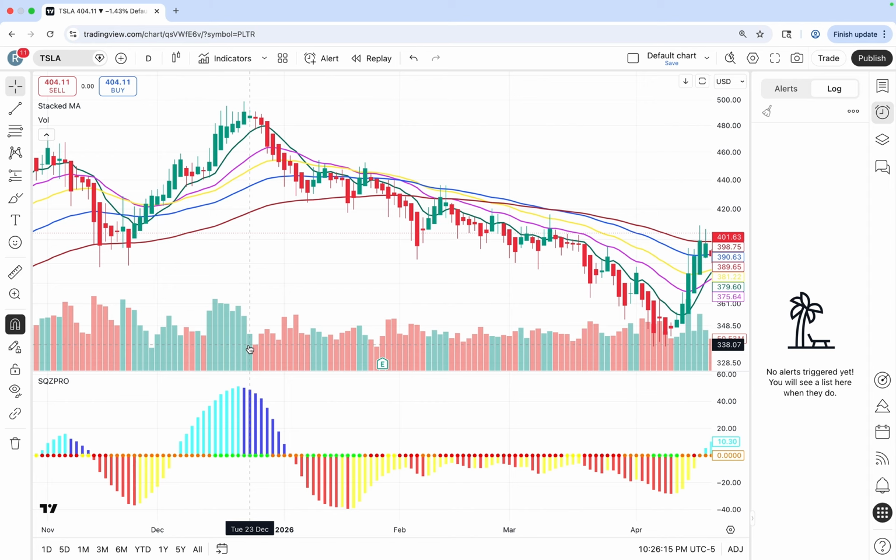And John has said before that typically by the time you see 2 dark blue bars, you should no longer be in a trade. So the cyan light blue bars mean that momentum is increasing in a stock. The dark blue bars mean that momentum is slowing.